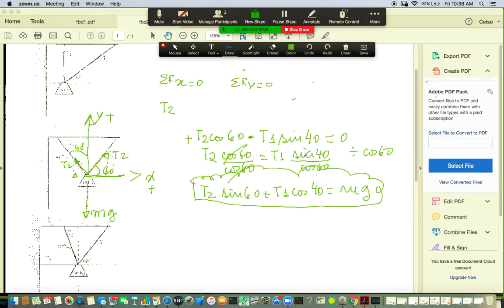T2 is T1 sine of 40 divided by cosine of 60. So T1 sine of 40 divided by cosine of 60 times sine of 60 plus T1 cosine of 40 is equal to mg. What is the mass? 10. Yes, 10 times g, 9.8.